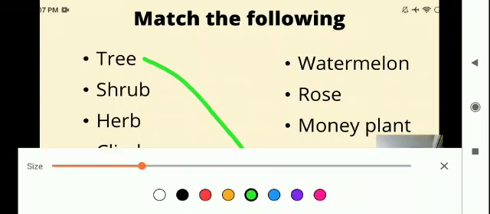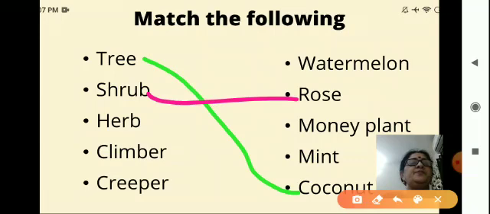It is rose. Okay, children. Now herb. Now it is watermelon, money plant and mint. Which is herb here? Yes, mint.